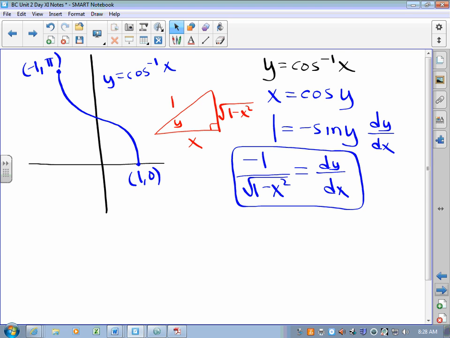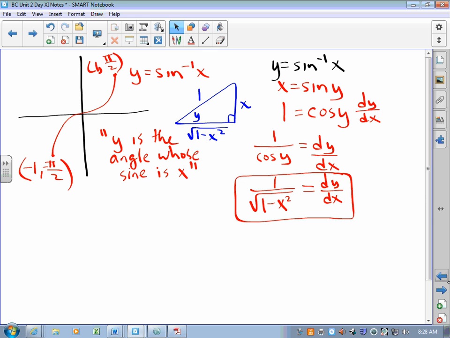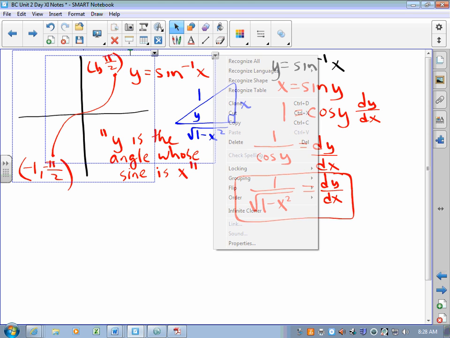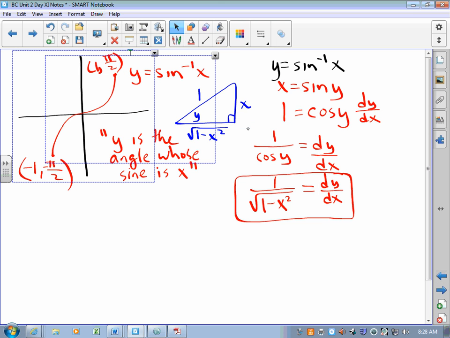You have to know that the derivative of the inverse cosine function is negative 1 over radical 1 minus x squared. Now, why does that almost make sense? Take a look at the red graph. Oh, I should copy stuff. Here we go.